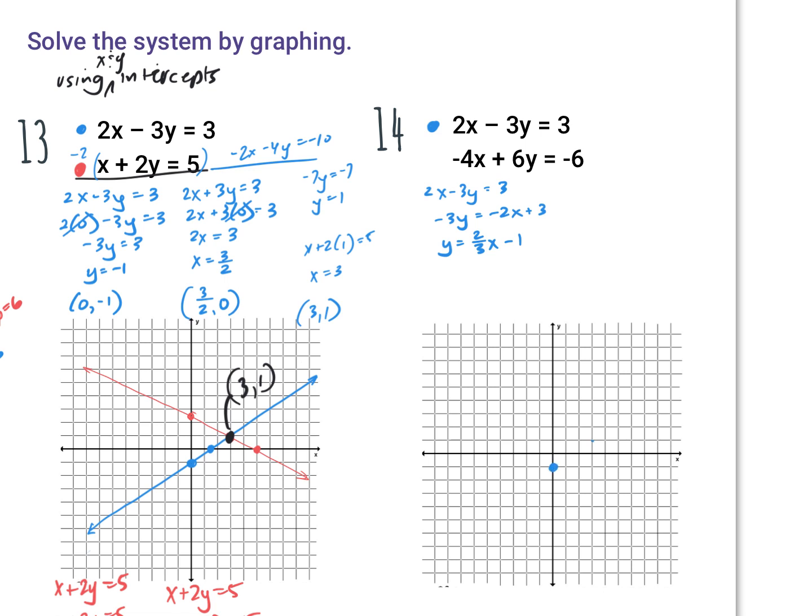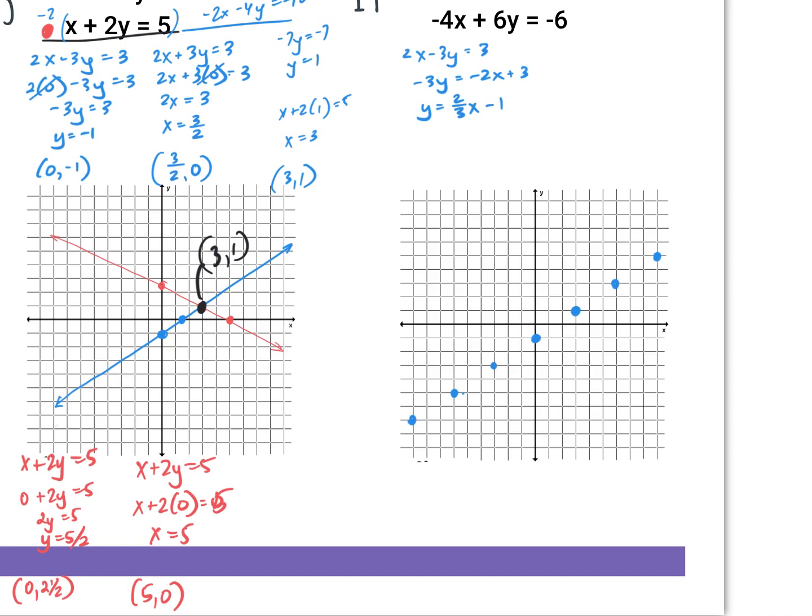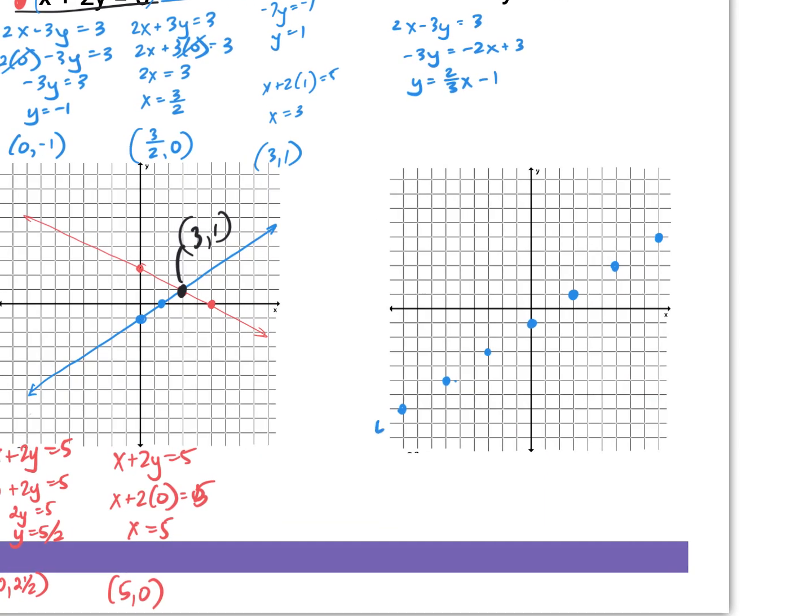So up 2 over 3, up 2 over 3, up 2 over 3, down 2, back 3, down 2, back 3. And I feel like the more dots I do, at least for me, who clearly am challenged with these lines, it helps me do the most accurate line I can do, okay?